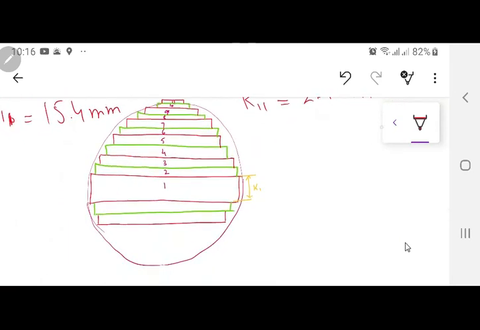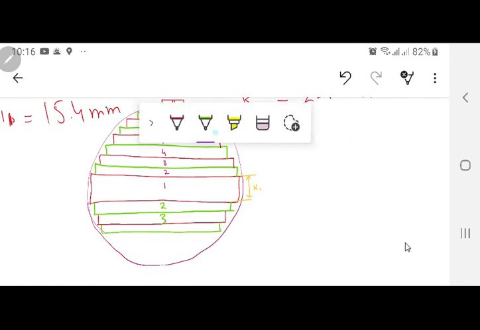Okay. So if I just want to complete this diagram, this is 1, 2, 3, and here this will be the 4th. And then I have this as the next.